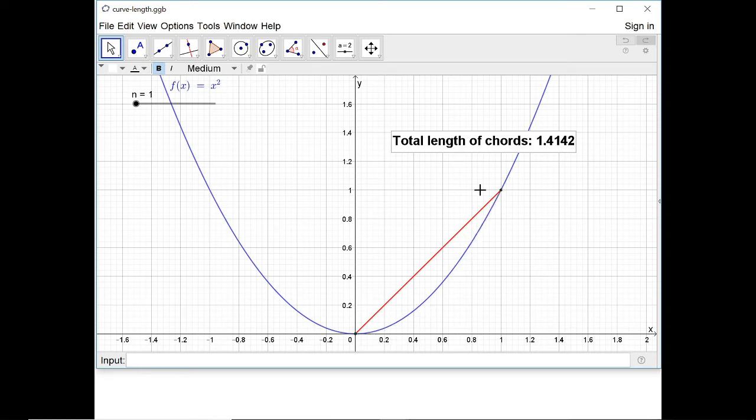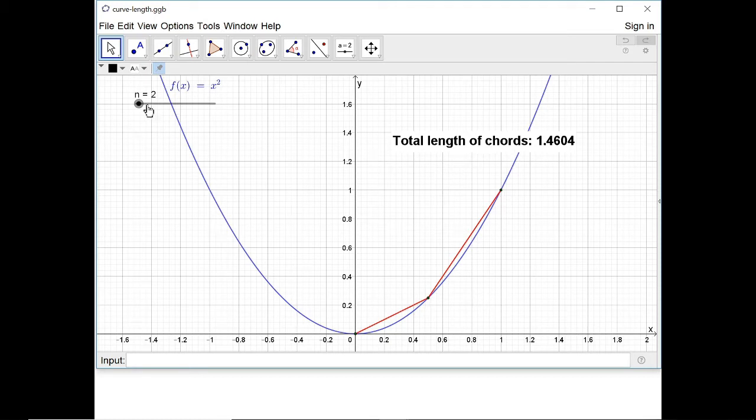Now what I can do is increase this value of n here to draw more chords. So for n equals 2, I've joined from 0,0 to 0.5,0.25, and from 0.5,0.25 up to the point 1,1 here.